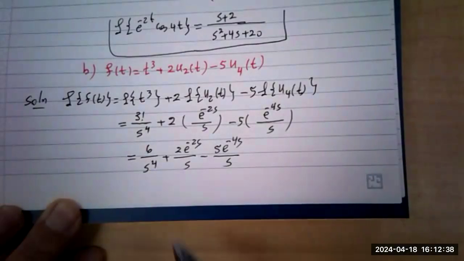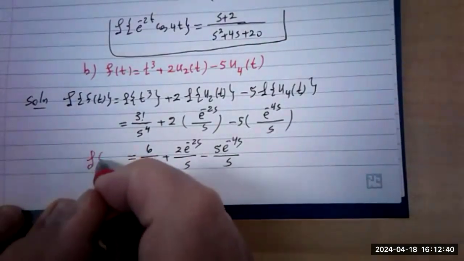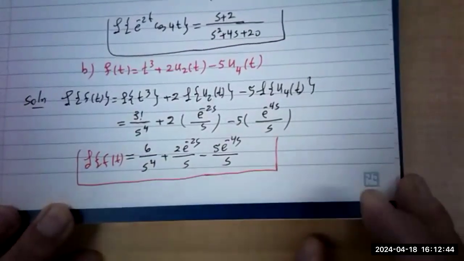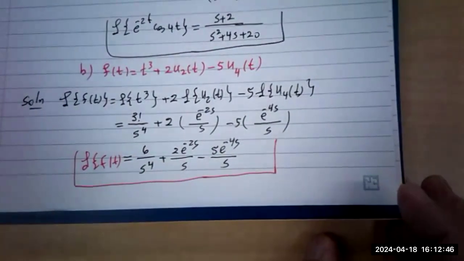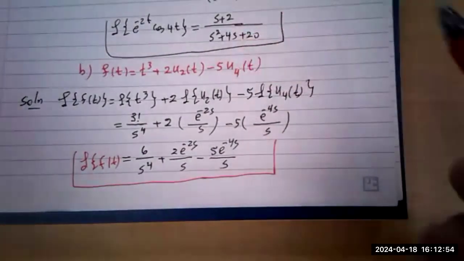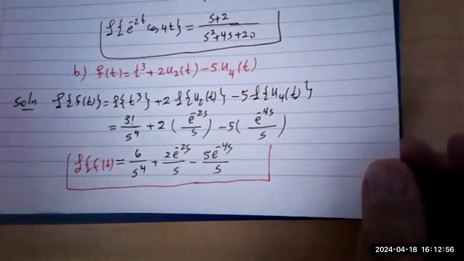You don't have to simplify this further. So that would be the question involving a couple of unit step functions. It's straightforward in this case. Any question? So we covered 2 of these. We need a couple more.